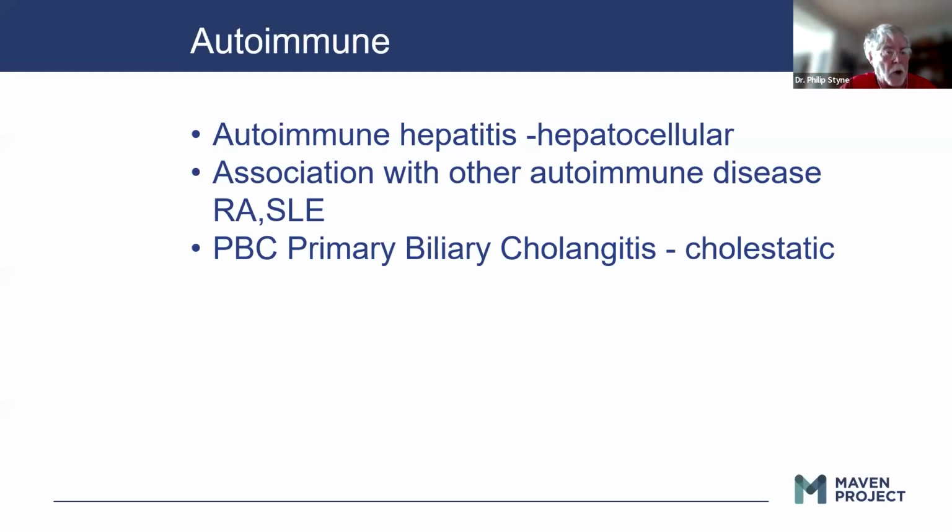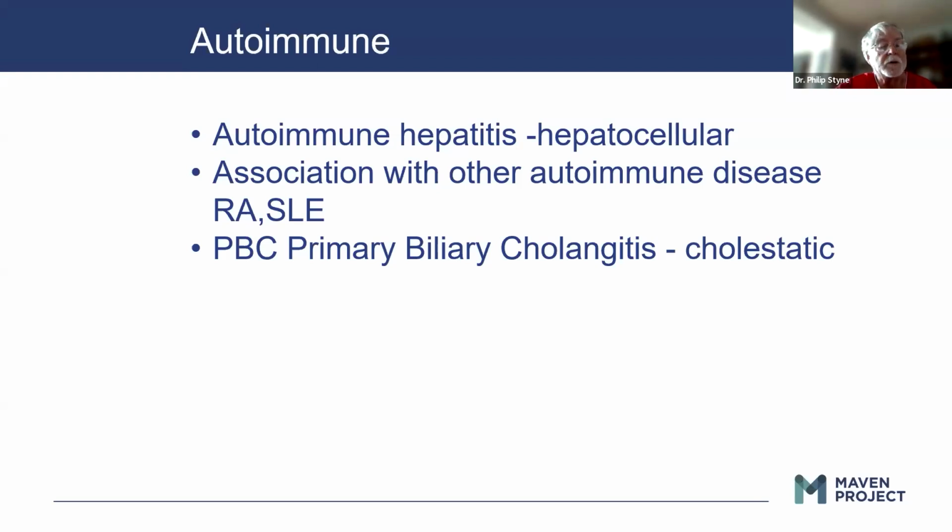And they have high enzymes, systemic symptoms, oftentimes female, young to middle age. Again, association with other autoimmune disease, rheumatoid arthritis and lupus. And then a couple of autoimmune diseases which are fairly uncommon, but you should be aware of.